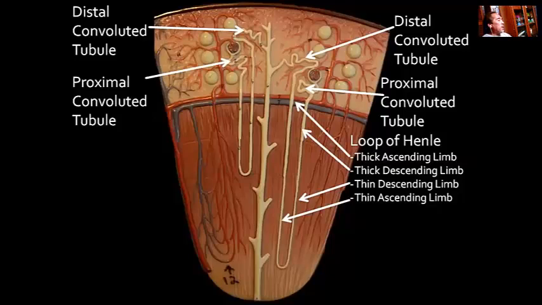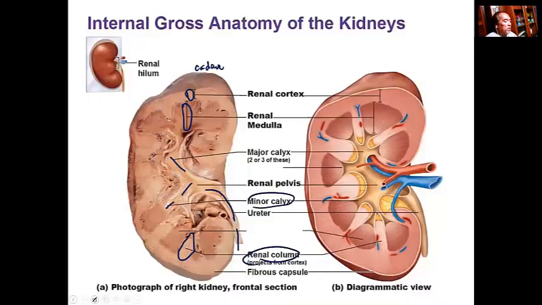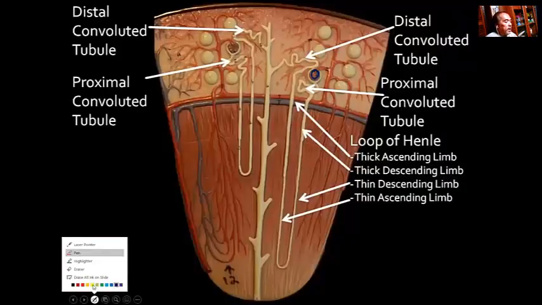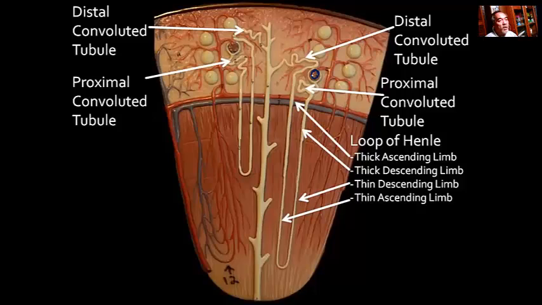Right? So now we are magnifying our nephrons. Remember, this blood vessel that you see here, that's your capillary, that's going to be your glomerulus. It's yellow. So the blood vessel that you see inside here is called your glomerulus.